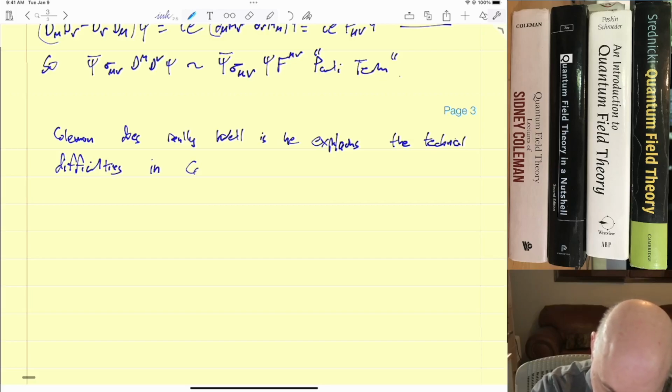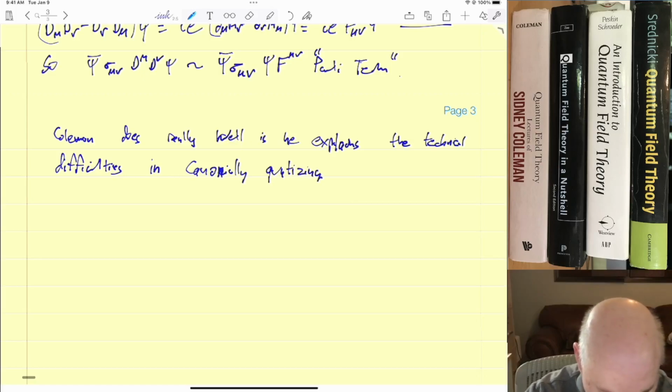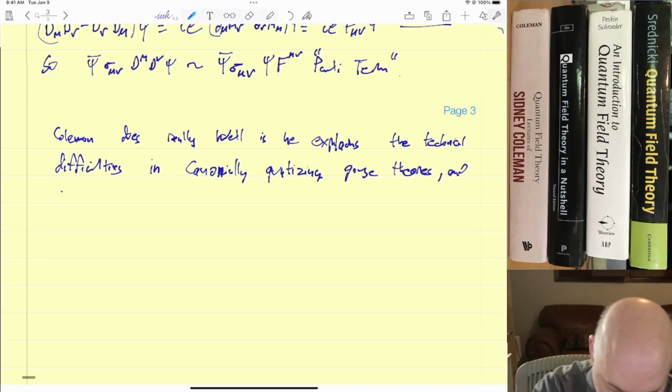In canonically, I know that's not spelled right. Canonically quantizing gauge theories. And also theories with derivative coupling.